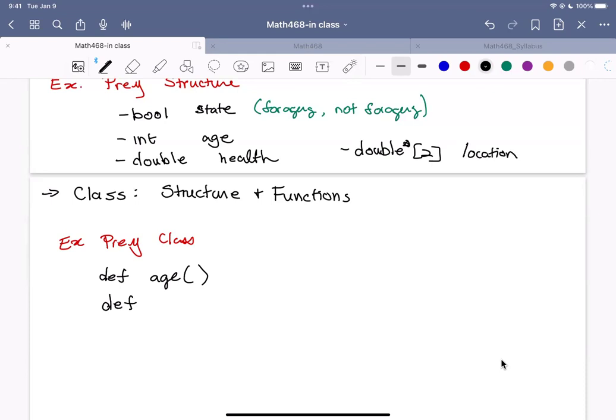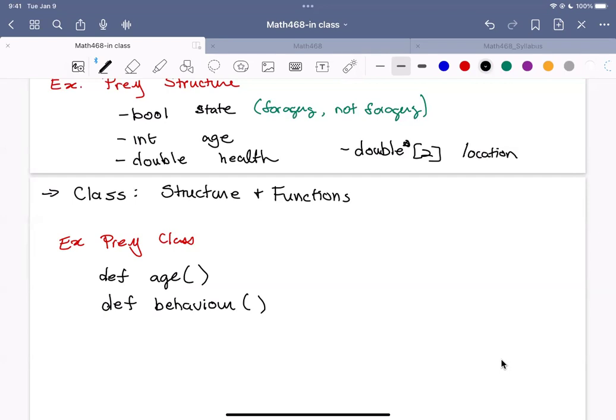You could have a behavior function where if you run this function, the prey decides whether it wants to eat or wants to flee the predator. So it makes a decision on what kind of behavior it wants to do.